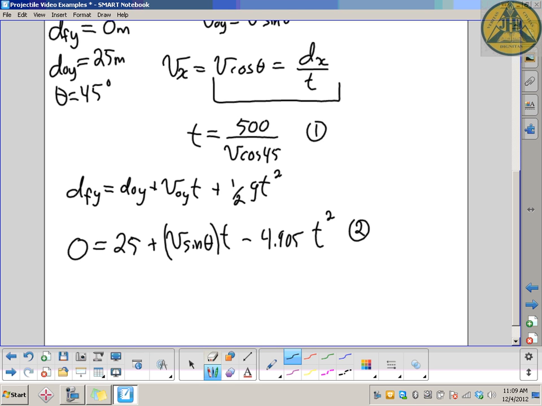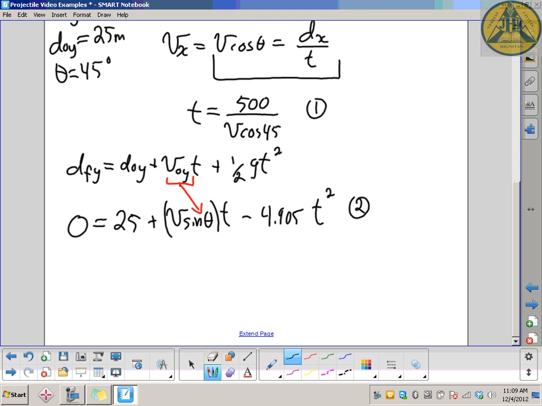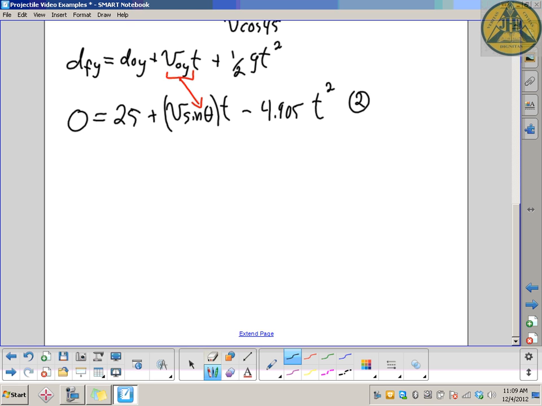So again, notice what I did. The initial velocity in the y direction is useless as is, because I'm given the angle. I'm going to use that angle. I'm trying to find the magnitude of the velocity, so I'm going to rewrite my equation to incorporate angle and magnitude of the velocity. Booyah. Okay, now we do our substitution step. Everywhere I see a t in equation 2 will change.